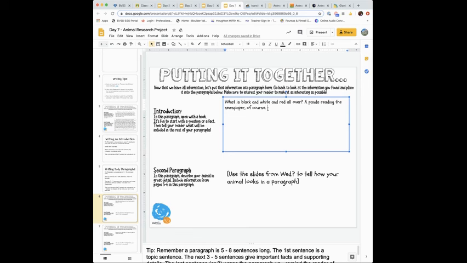So, pandas are a vulnerable species. There are only about 1,800 of them living in the wild.